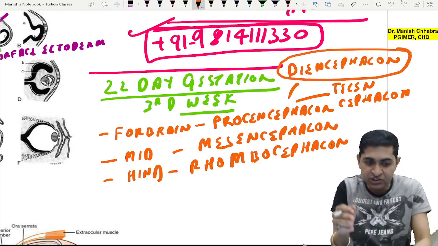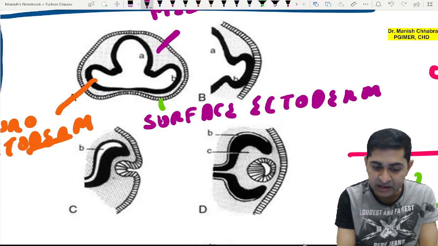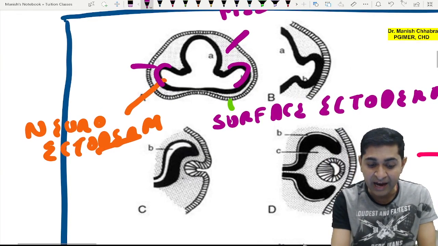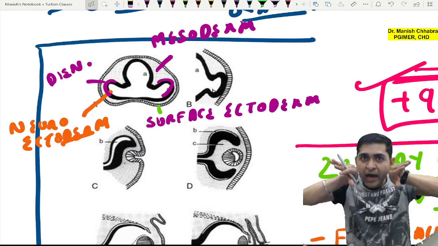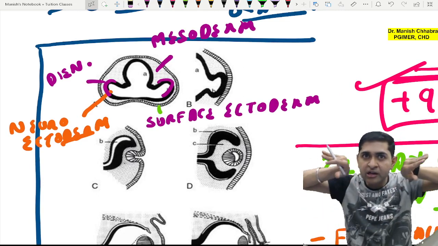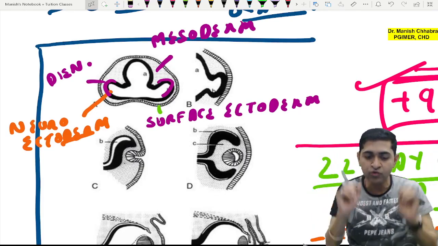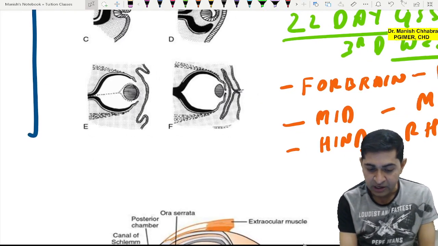So you can see here, it is getting extended on the lateral side. So this is actually your diencephalon, I have just written there. There are two diencephalons which are coming outside from the lateral side, and later they will move anteriorly. So I am going to draw it here.